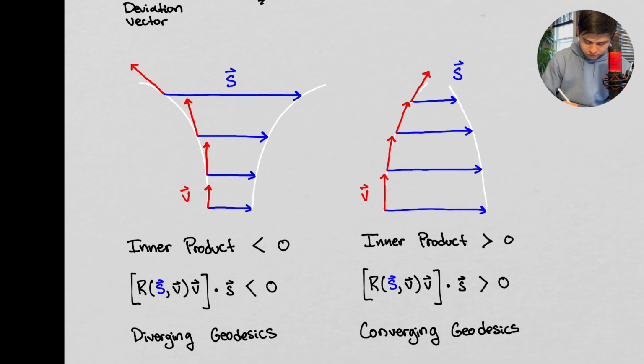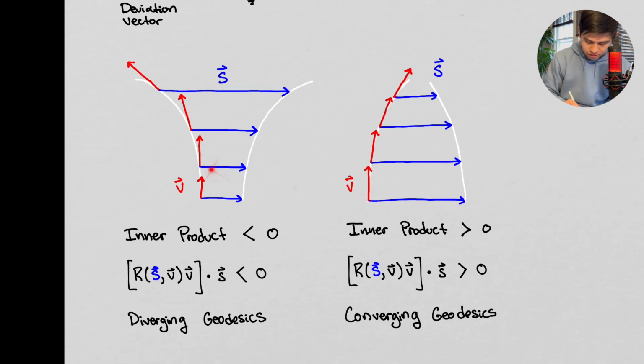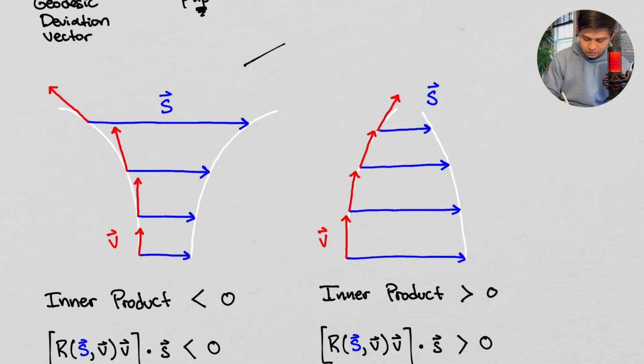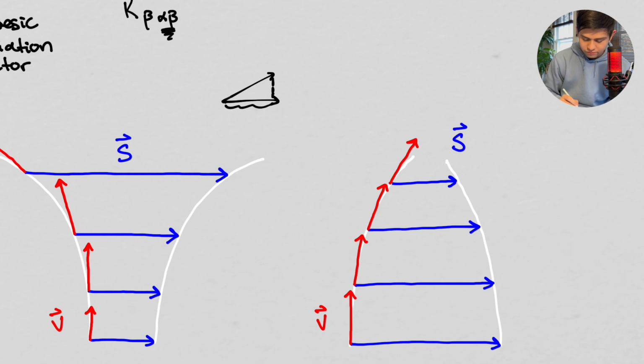Okay. So this is V, we're taking its derivative along some geodesic, and then we're also taking its derivative with respect to the separation vector. We can notice that the inner product, as we take this derivative, as we go further out in this direction, is actually getting less than 0, right? Because if you recall the inner product between vectors that are close together, they're going to lie very close in line to each other, and that tells us something about the inner product.